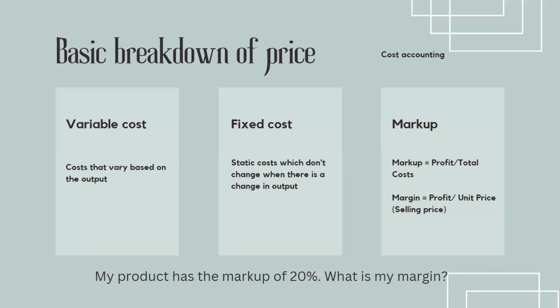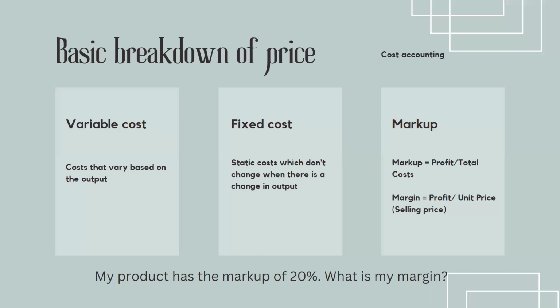All right, so with these components, I would like to have a small note here. We have two things when it comes to the profit. Okay, we have the markup ratio and the margin ratio. The markup ratio is equal to the profit divided by the total cost, and the margin ratio is equal to the profit divided by the selling price or unit price.